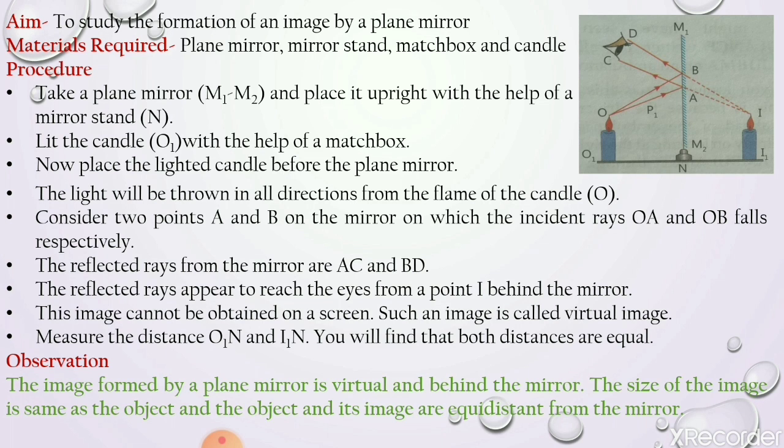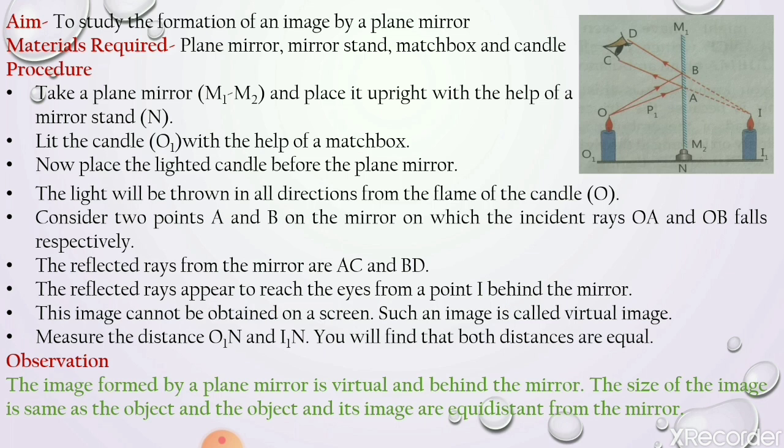Now consider 2 points A and B on the mirror, on which incident rays OA and OB fall respectively.